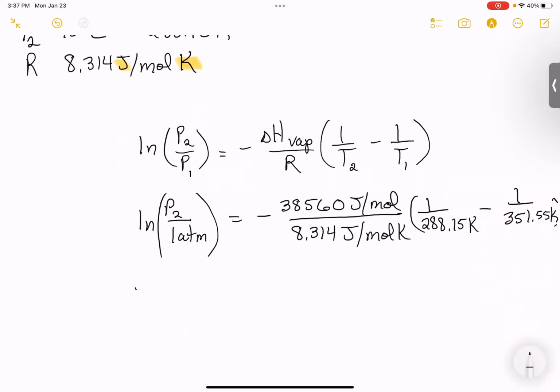So right now I'm going to leave the left-hand side the same, the log of P2 over 1 atmosphere, is equal to, and I'm going to take care of the right-hand side.